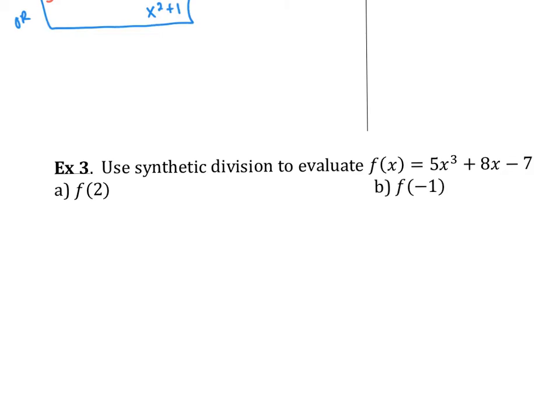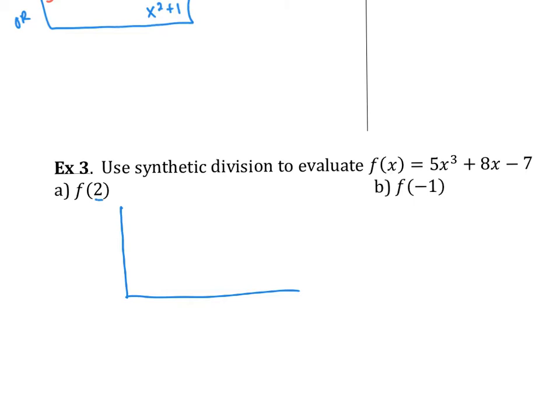For example 3, we're going to use synthetic division to evaluate f of x equals 5x to the third plus 8x minus 7 for the indicated values. Synthetic division is sometimes called synthetic substitution because if you want to evaluate a value, if you use synthetic division or substitution, the remainder is going to represent that value, which is actually convenient sometimes. So I want to figure out what f of 2 is.